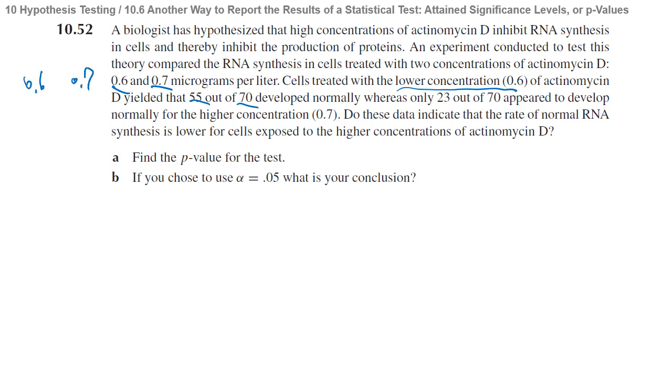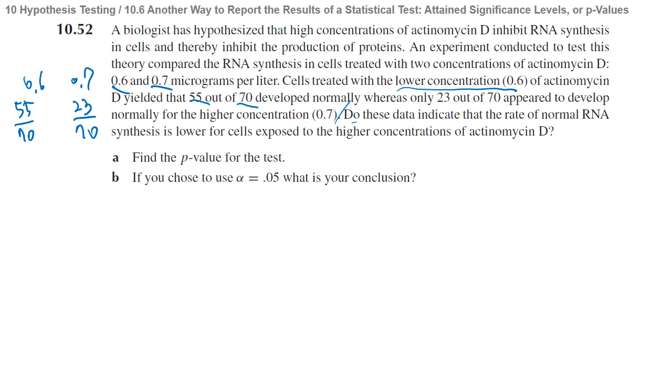Cells treated with the lower concentration of actinomycin D yield that 50 out of 70 developed normally, whereas only 23 out of 70 appeared to develop normally for the high concentration. Okay, so we have 2 types of concentration, 0.6 and 0.7. For 0.6, 55 over 70 developed normally. However, for 0.7, 23 over 70 developed normally. Do these data indicate that the rate of normal RNA synthesis is lower for cells exposed to the higher concentrations of actinomycin D?